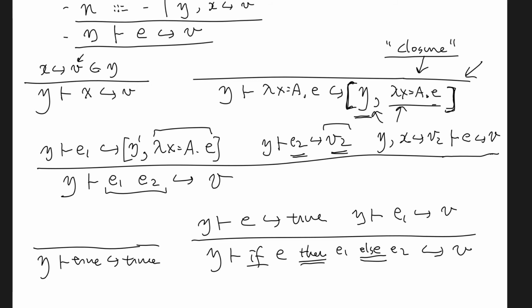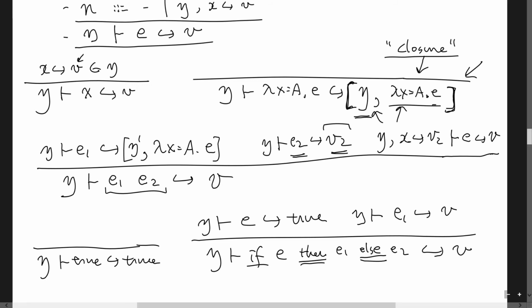But the key point in developing this environment-based semantics is we postpone the substitution. So instead of performing substitution at this moment, we just keep evaluating the body, this expression E. Then the question is, what is the environment under which expression E should be evaluated?